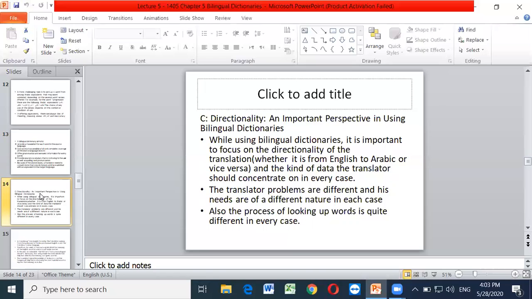The translation problems are different, and his needs are of a different nature in each case. Also, the process of looking up words is quite different in every case.